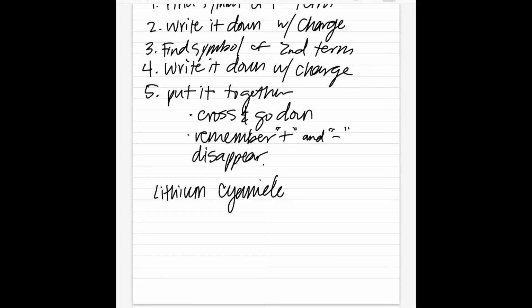Now, about 99% of the time, the first term, which is this one, is on the front side of that large periodic table that we highlighted. About 75% of the time, the second term will also be on the back side of the periodic table, the same place that you'll find the first term. But most of the time it's going to be polyatomic, which will be on that list on the back.